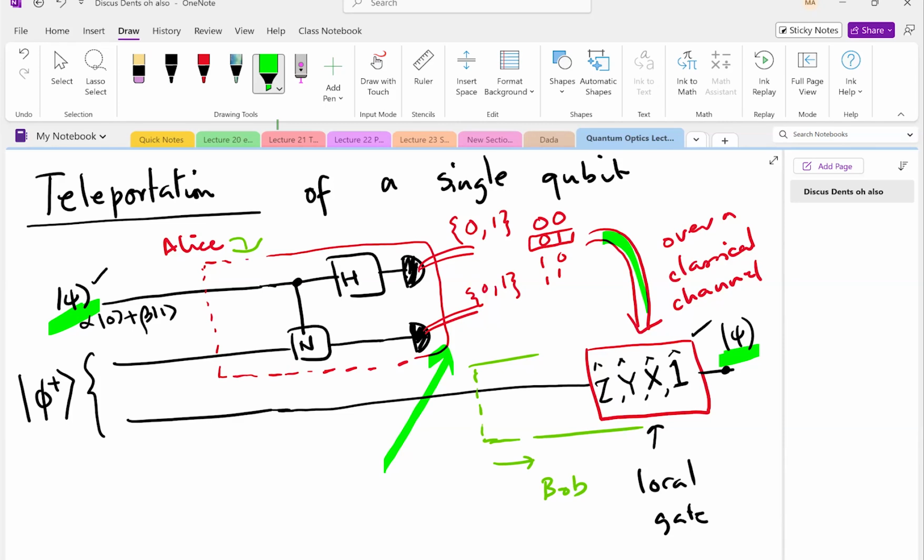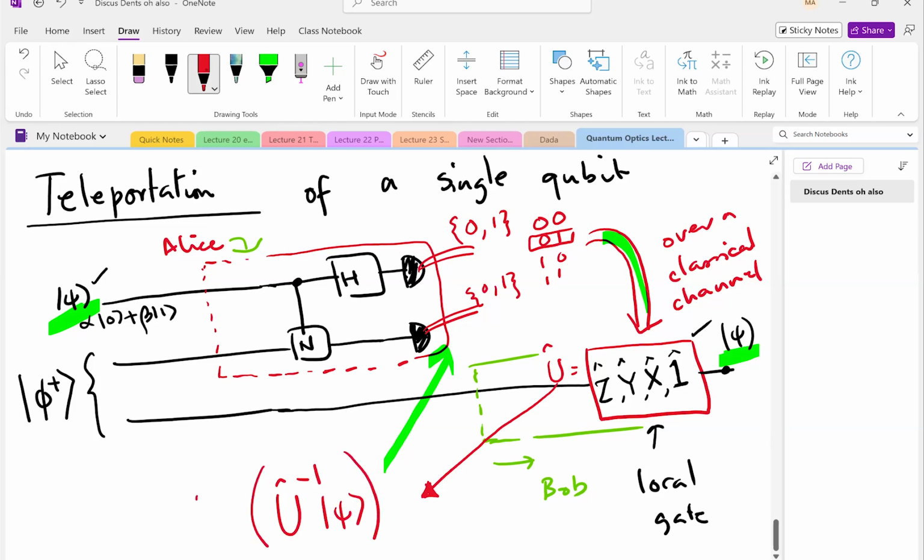Suppose this local gate is U. Before the application of the local gate, Bob's qubit is U inverse of psi. After a message is received, this gate is implemented. So all the ingredients are already there for measurement-based quantum computing.